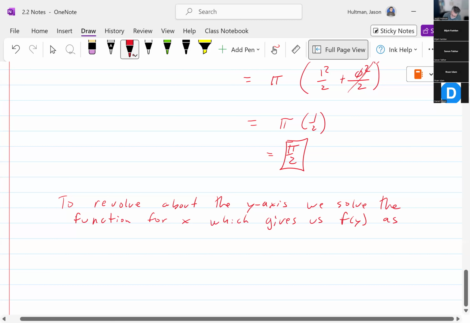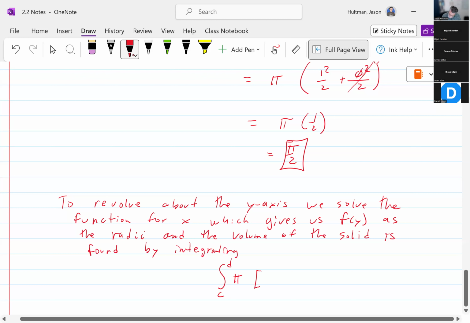as the radii, and the volume of the solid is found by integrating the integral from c to d of pi times f of y squared dy, where y goes from c to d.